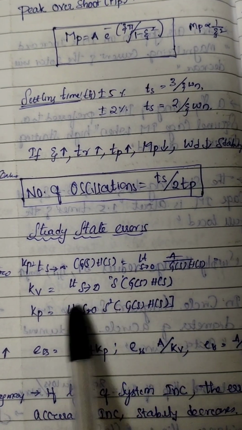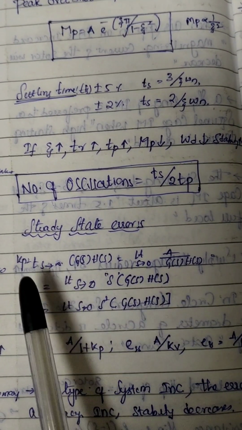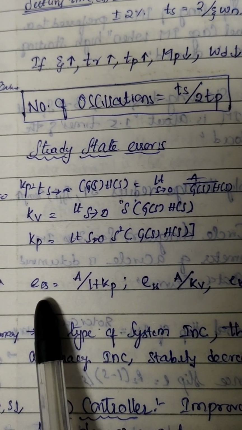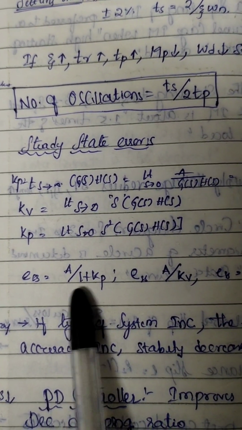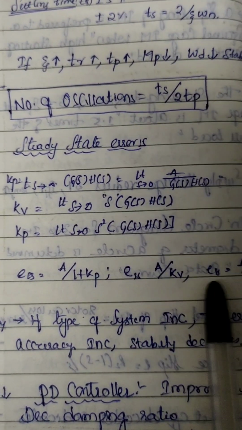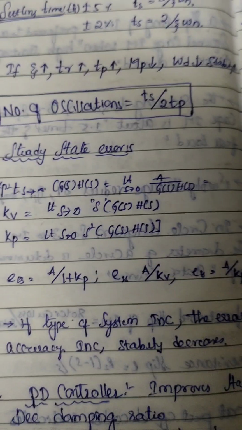Kp is for parabola, Kv is for ramp, and the position constant is for step. The error ess is equal to A by 1 plus Kp, ess is equal to A by Kv, ess is equal to A by Ka.